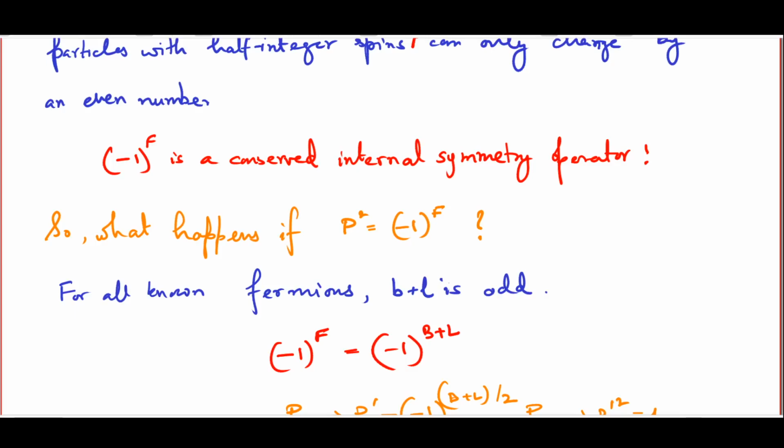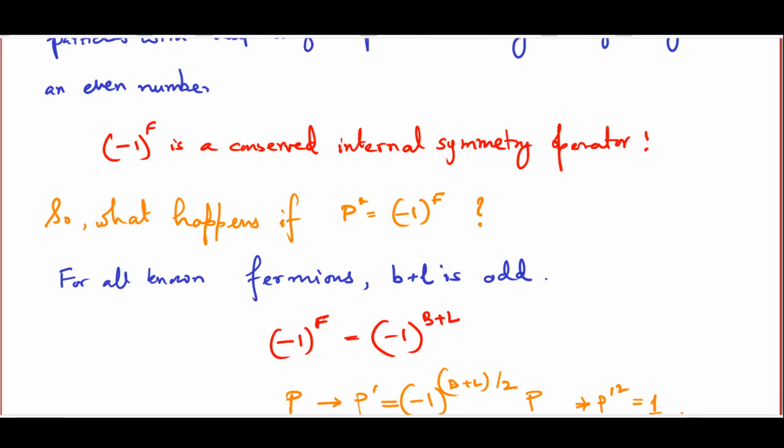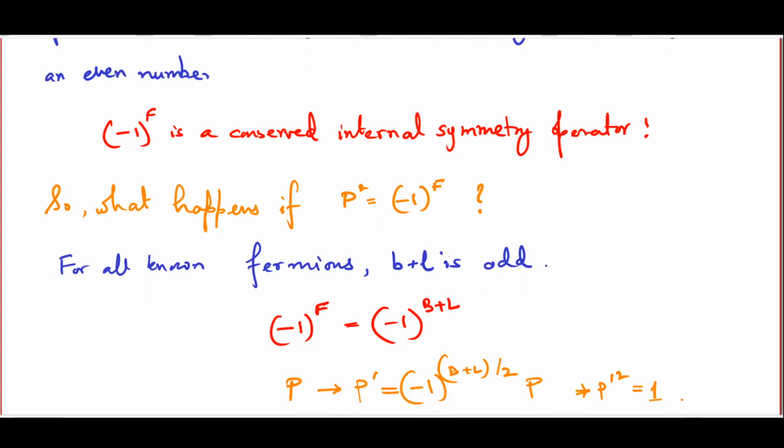That is, α equal to π, of course modulo multiples of 2π, and β equals π, again modulo 2π, would work perfectly well here. And this will fit exactly into the discussion that we have just had. So redefining P into P' given by (-1)^((B+L)/2) times P gives rise to a conserved parity operator P' whose square is the identity.